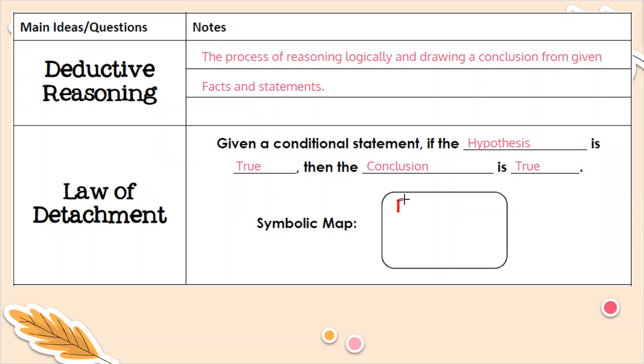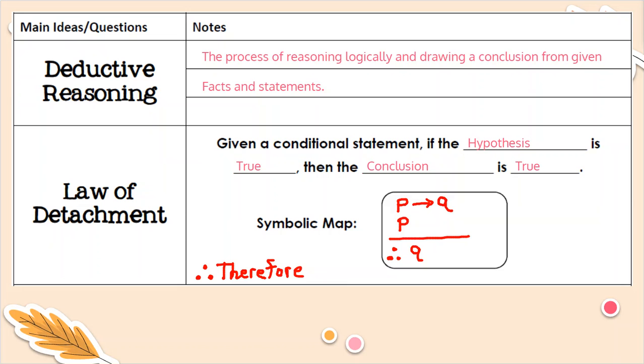So it states that if you have if P then Q, and P is observed to be true, therefore Q. These three dots that form a triangle mean therefore. It means that from this I can draw the conclusion.